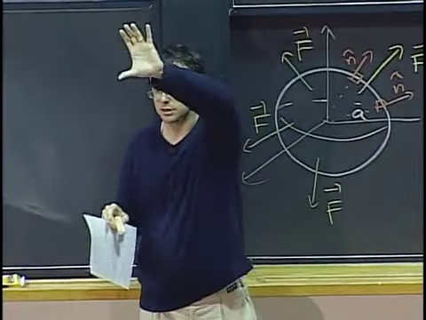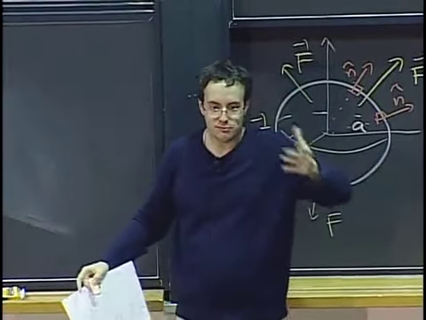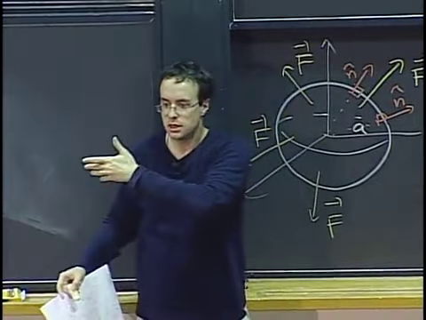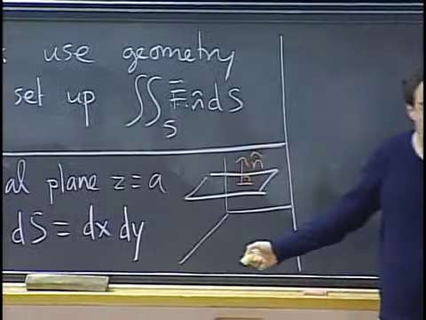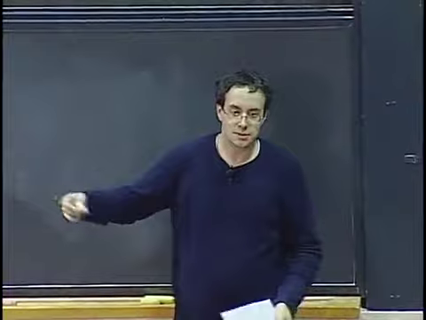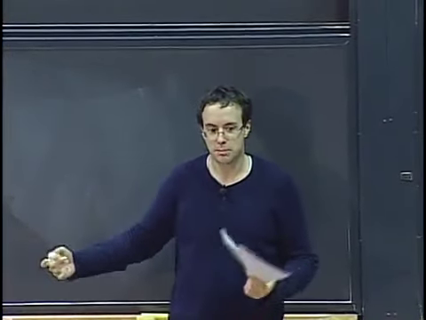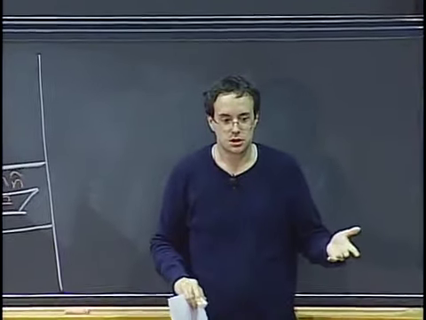That just gives me the z component, which might involve x, y, and z. X and y I'm very happy with. They will stay as my variables. Whenever I see z, I want to get rid of it, but that's easy because z is just equal to a. So I just plug in that value, and I'm left with only x and y, and I'm integrating that dx dy. So it ends up being just a usual double integral in xy coordinates.